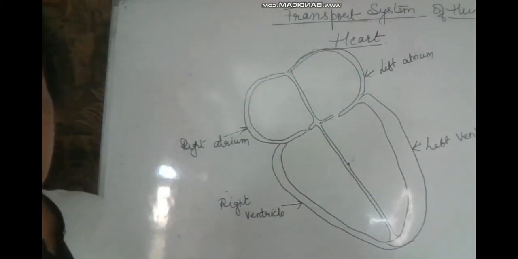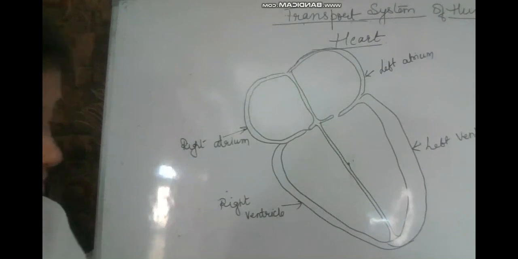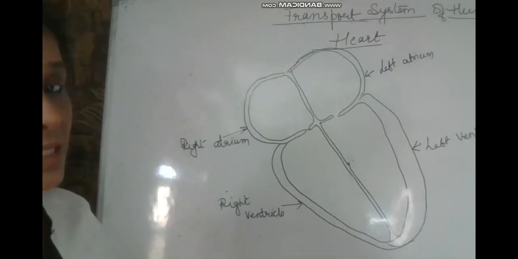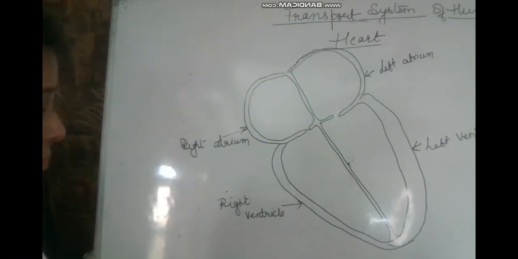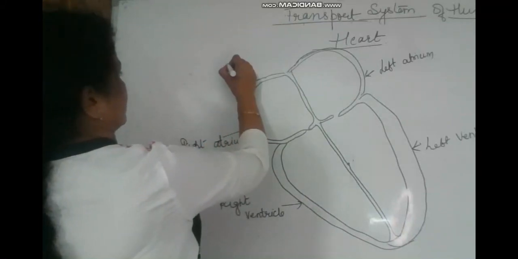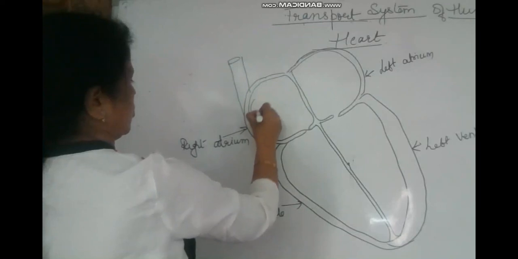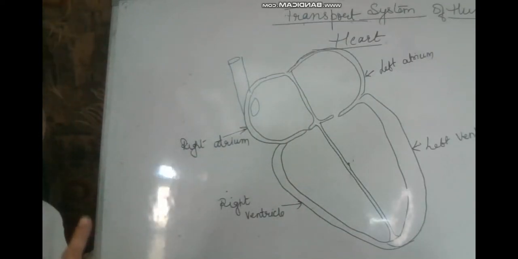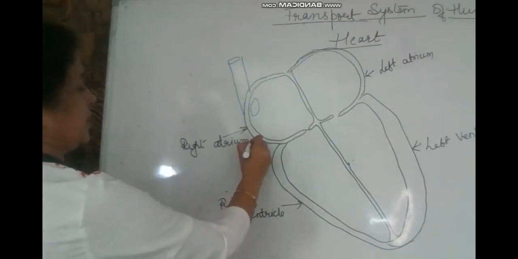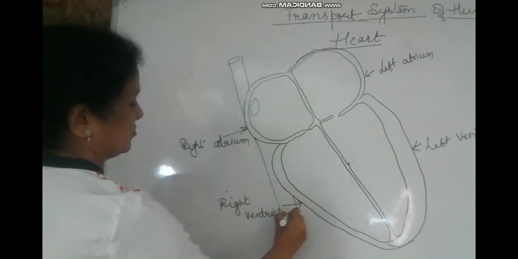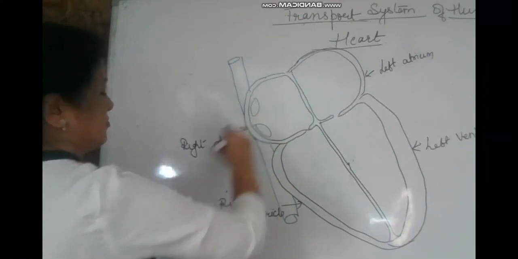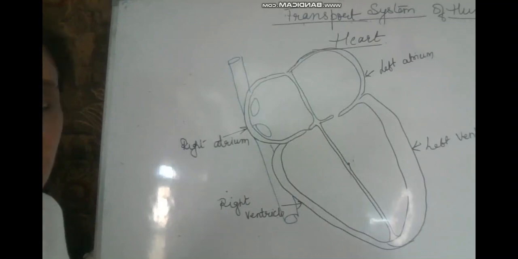Now we will draw the blood vessels which are coming to the heart. The opening of the superior vena cava and inferior vena cava.